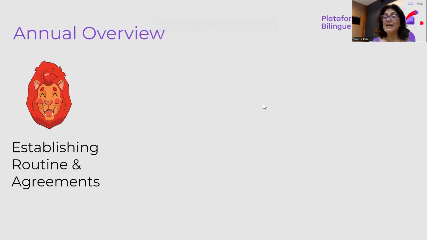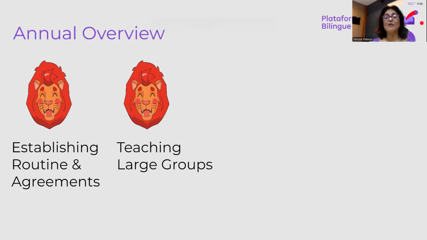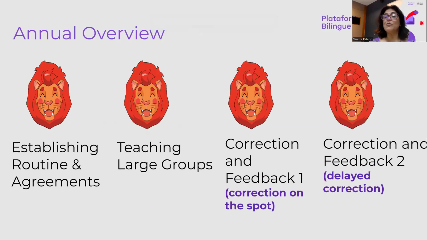This video lesson is one of a group of 4 video lessons we'll be releasing this year. The first one has already been released, Teaching Techniques, Establishing Routine and Agreements. We are watching the second one, which is Teaching Techniques, Teaching Large Groups.